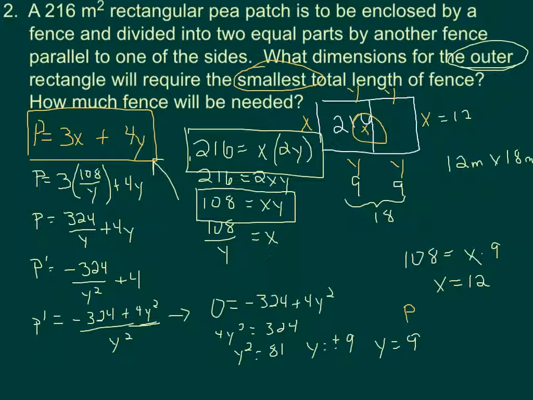So what we've got is the perimeter will equal 3 times 12 plus 4 times 9. Ooh, I'm out of room, sorry. And that's going to be 36 plus 36. So that would be 72 meters total. And that's the total amount of fence, including that inner divider line.